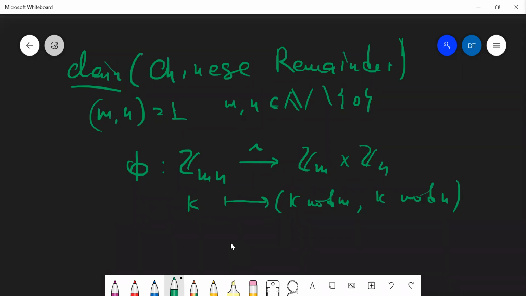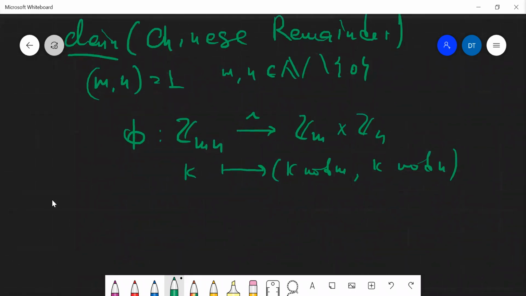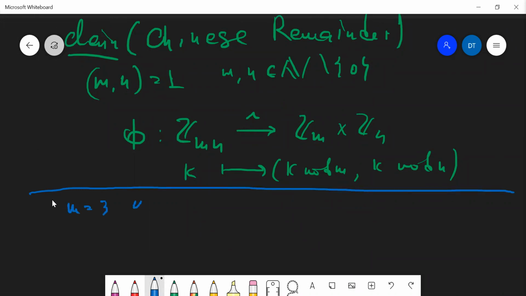What is MN in the index of Z_MN? Oh, okay. Let me be more precise and give you an example of what's going on here. Let's take M to be 3 and N to be 2. Then M times N is 6. So the claim says that Z6 is isomorphic to Z3 times Z2.